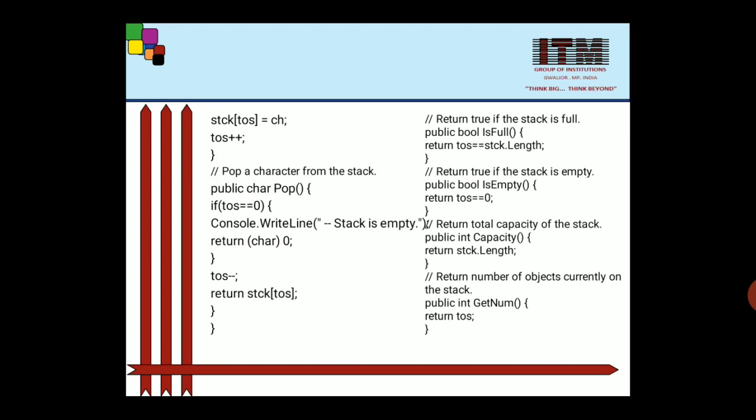This is done by making sure that tos does not exceed the length of the stack. If there is still room, the element is stored in stck at the index specified by tos, and then tos is increased. So tos always contains the index of the next free element in the stack.